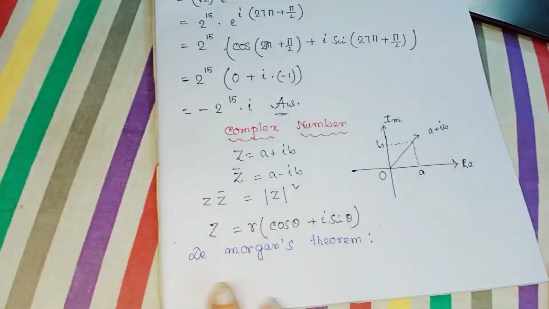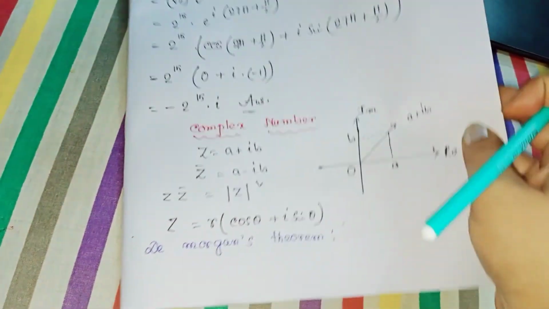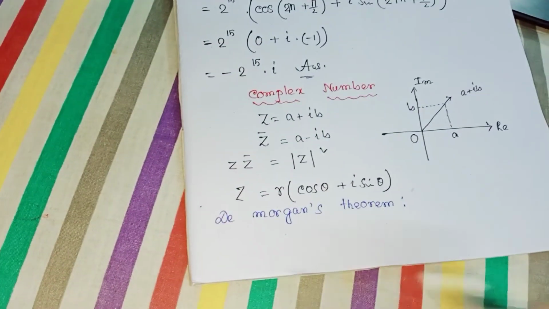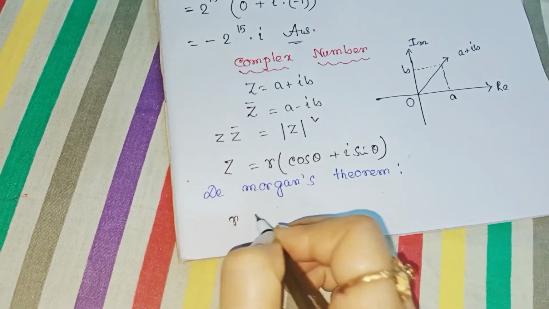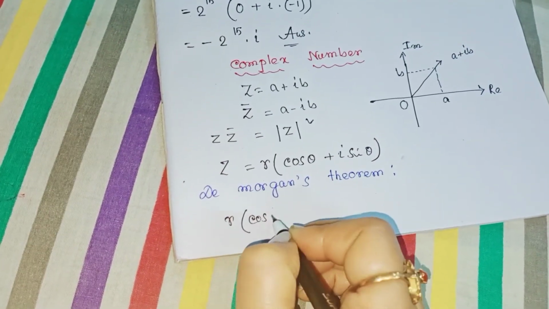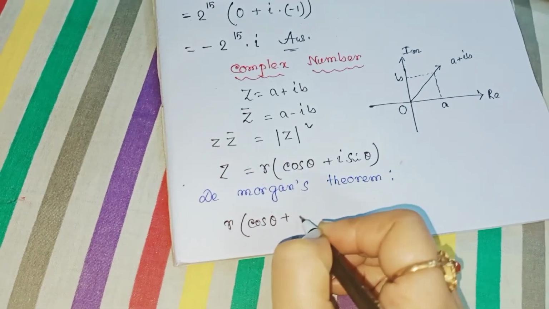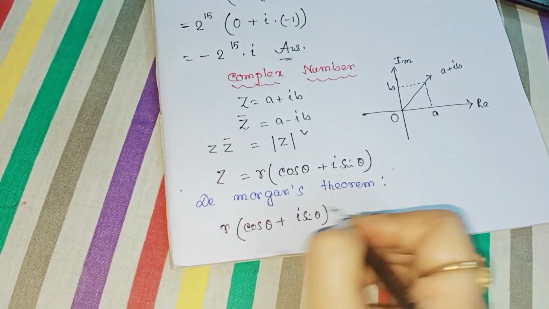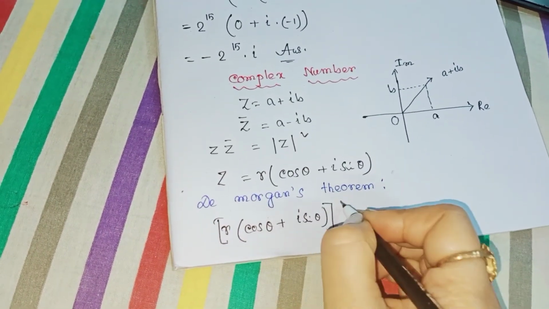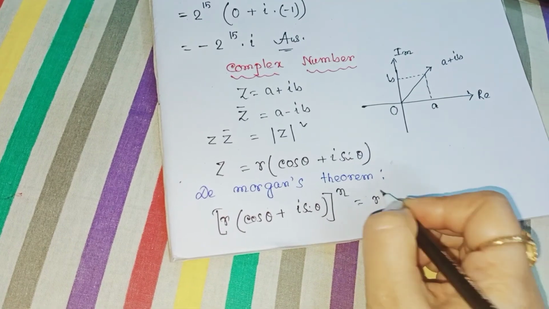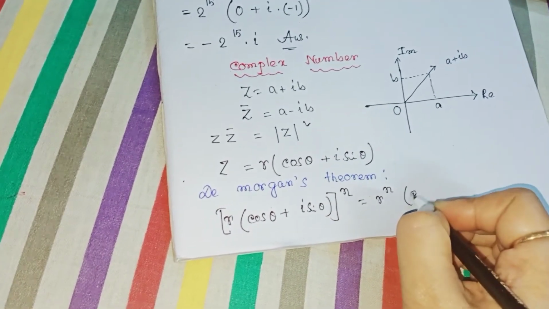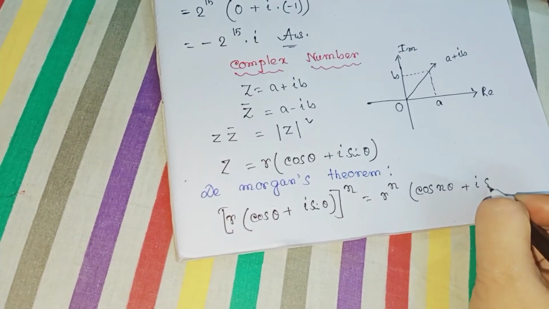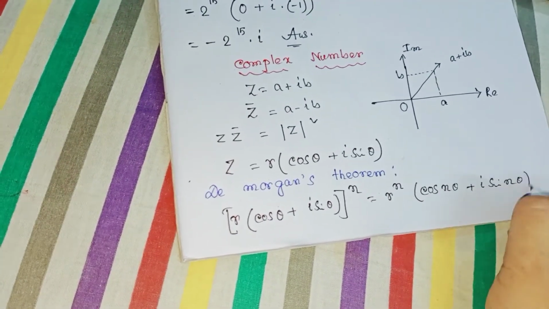If we discuss, this is only one class for De Moivre's theorem, but I just simplify: De Moivre's theorem tells us that r into (cos θ plus i sin θ), if its power is n, then we may write r to the power n into cos nθ plus i into sin nθ.